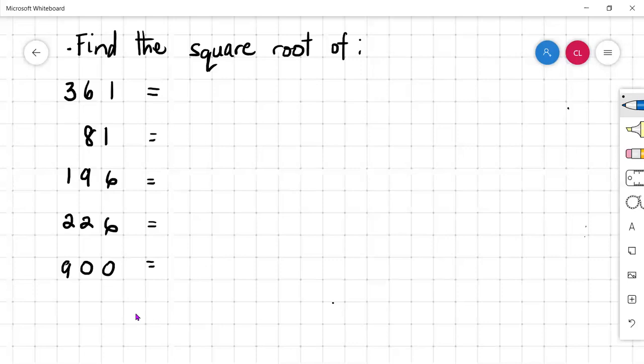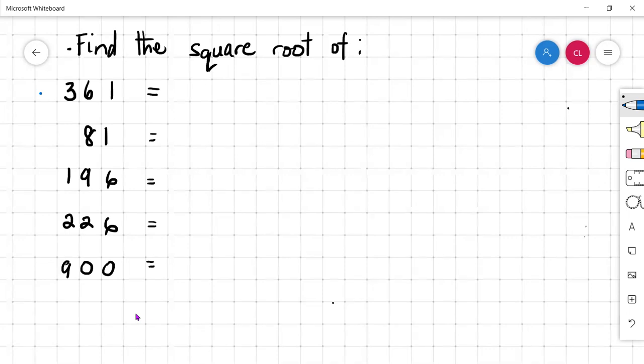So we know that 1 squared is 1, 2 squared is 4, 3 squared is 9, 4 squared is 16, 5 squared is 25, 6 squared is 36, 7 squared is 49, 8 squared is 64, 9 squared is 81, 10 squared is 100, 11 squared is 121, and 12 squared is 144.